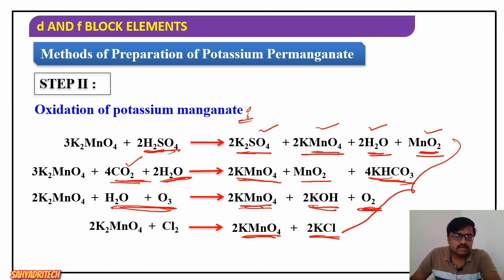When treated with carbon dioxide and water, that is carbonic acid, H2CO3, there will be formation of KMnO4, MnO2 and KHCO3. When treated with ozone, it gives KMnO4, KOH, O2. When treated with Cl2, it gives KMnO4, KCl.